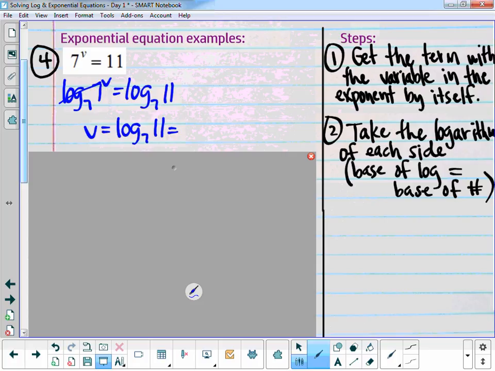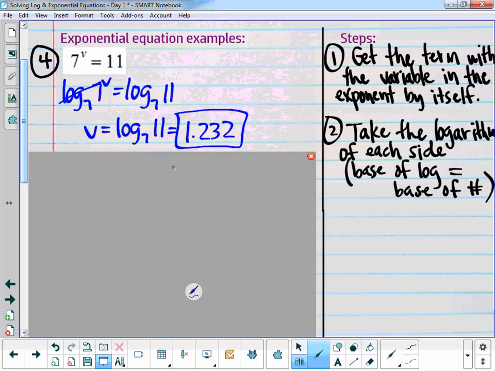Log base 7 of 11 is 1 point, what? 2, let's go 2 more places though. So is it 2, 2, 3? Wait, what? 2, 3, 2. Okay, 1.232.